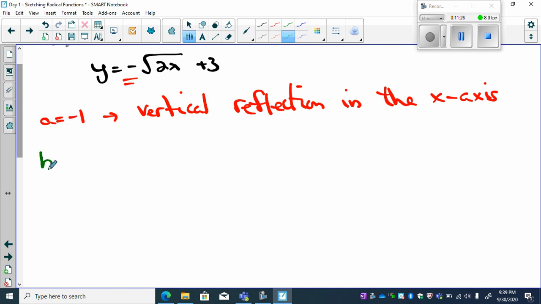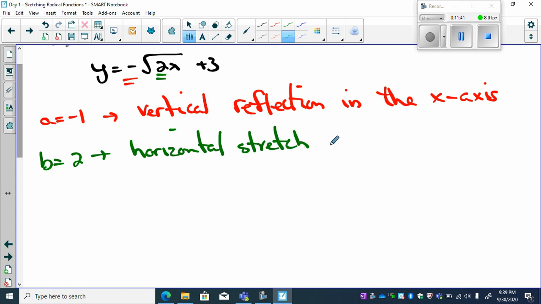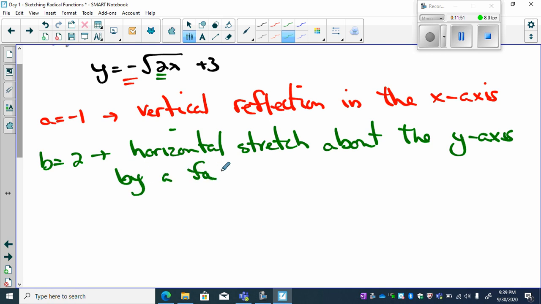Your b value is 2 in this case. And remember, that means horizontal stretch, or it might be more accurate to say compression here, but I'll say stretch, makes no difference. Horizontal stretch about the y-axis by a factor of 1 over the absolute value of b, so that'll be 1 over 2. There is no horizontal reflection in the y-axis because my b value is positive.